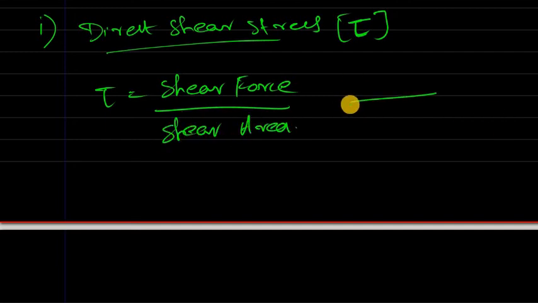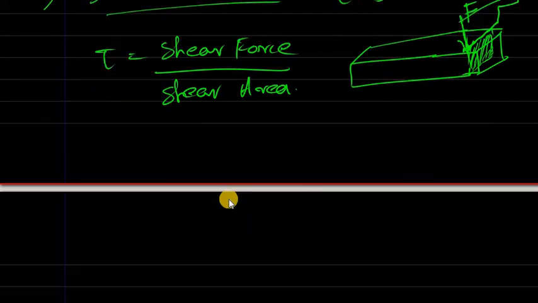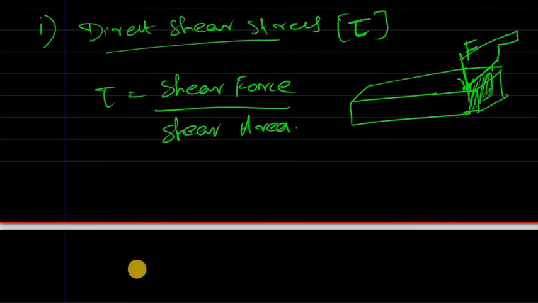If you are cutting a component like this by using a knife, we will be applying a force F here. So along this line we will be applying some force using a knife. Let F be that force. Then it gets cut along this area. So the body gives some resistance towards the cutting. Due to that, this type of stress is developed. F is the shear force, and here we can see the shear area also. This is how shear stress is developed inside a body.